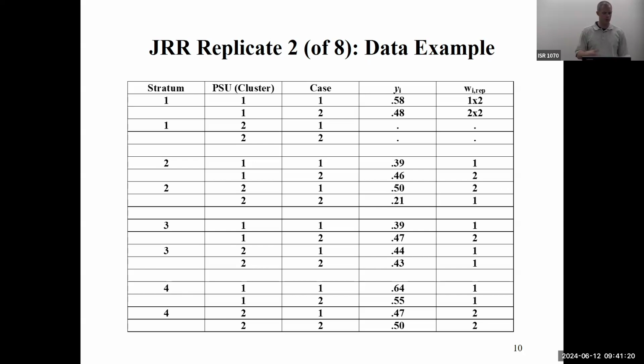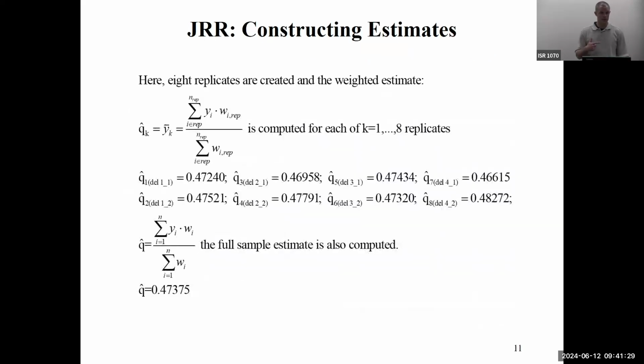So we're just showing the first possible replication method. Here for the data example, we're constructing 8 replicates, because we have 8 clusters in that design. For each of those replicates, once we have that replicate weight, we compute the weighted estimate for that replicate.